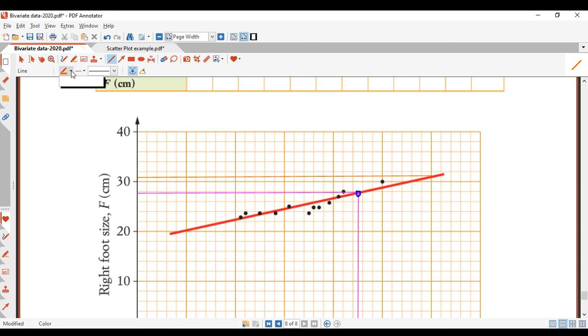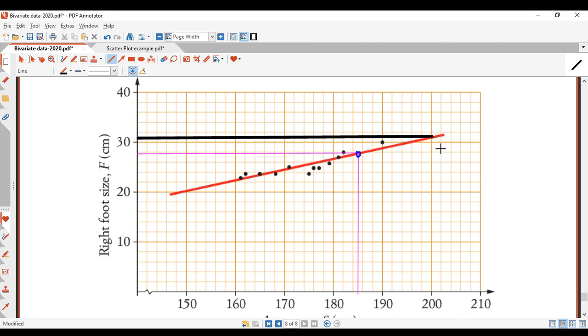Let's just use black. Okay. Make that a bit thicker. So starting from here, there we go. And then from now, we're going to go down to the horizontal axis. So down vertically, so around about there roughly.